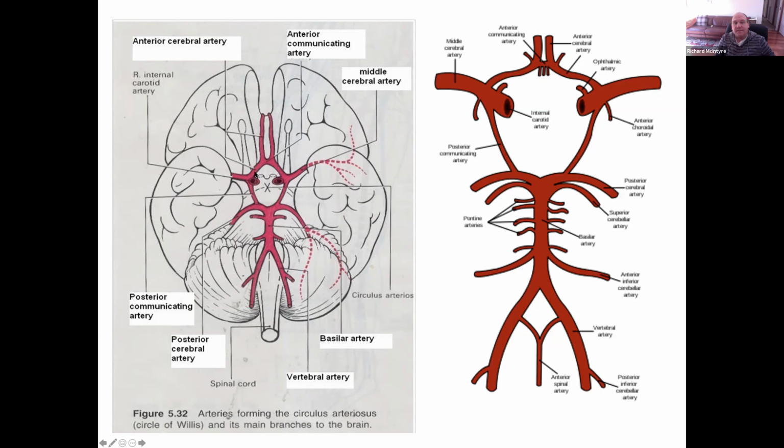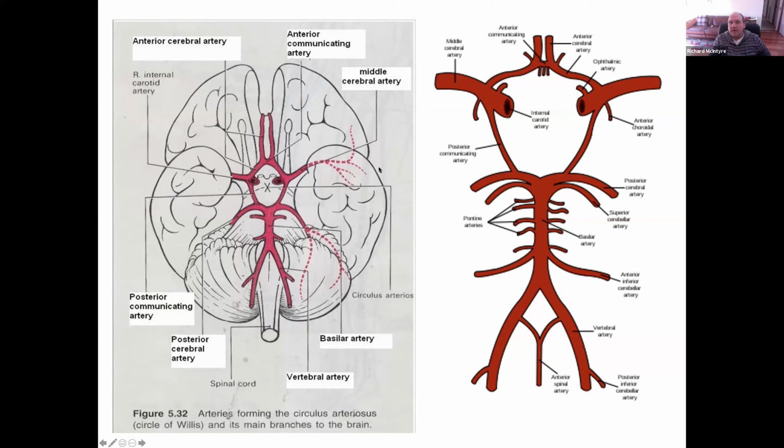This isn't our anterior, this is our posterior communicating artery between the internal carotid and the posterior cerebral artery. But our anterior cerebral artery runs here. Our anterior communicating artery is this little fella here, so that connects the left and the right anterior cerebral arteries.